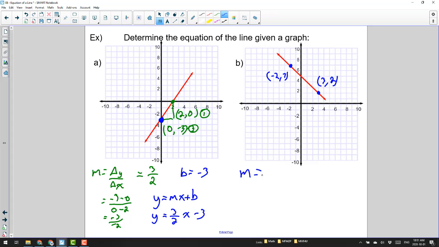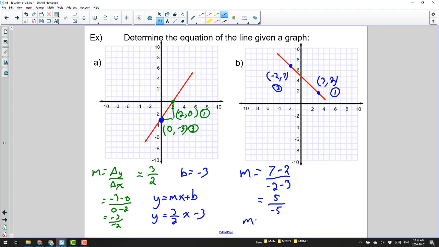I'm using our new slope formula just so we get practice with it, but either way, it's fine. So I'll call this one point 2, and this one will be point 1. So my slope is 7 minus 2 over -2 minus 3. So 7 minus 2 is 5. -2 minus 3 is -5.